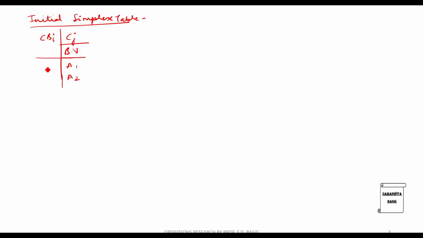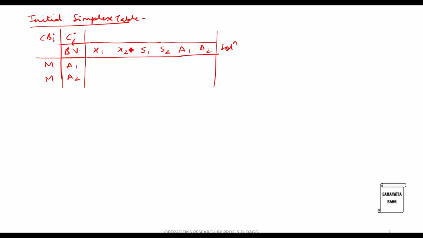The coefficient of these two in the equation of Z is M. The other variables are X1, X2, S1, S2 and also write A1, A2 over here. We need to write their coefficients from the equation of Z. So this is 12, this is 20, this is 0, 0, M and M.